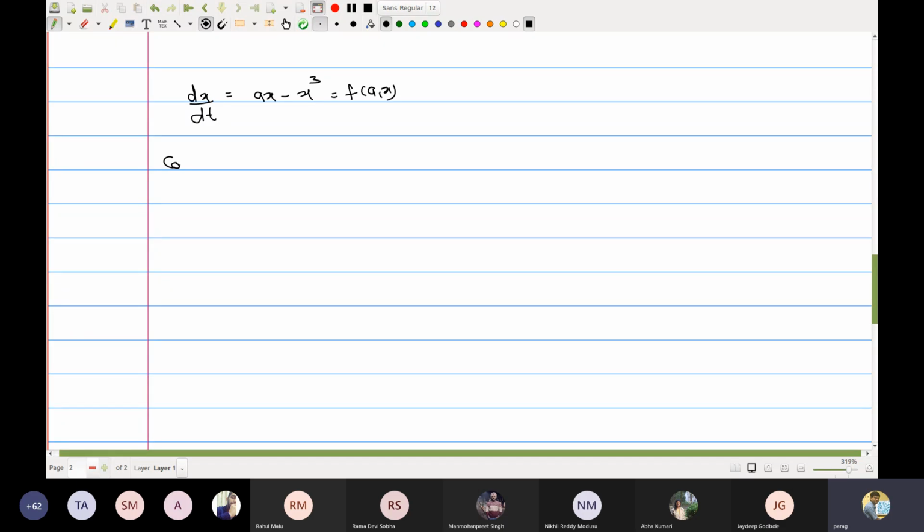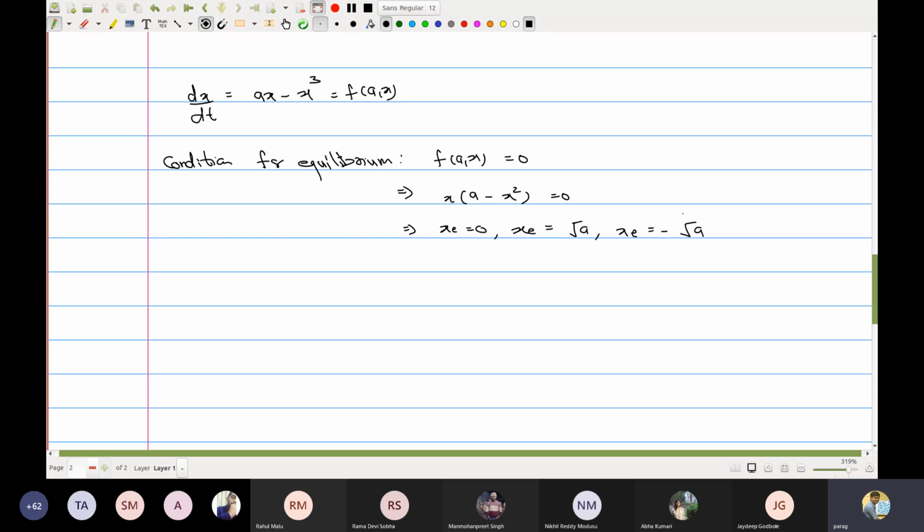So the condition for equilibrium is f of ax should be equal to 0, which means x times a minus x squared should be equal to 0, which means x equilibrium is 0, or x equilibrium is root of a, or x equilibrium is minus root a.